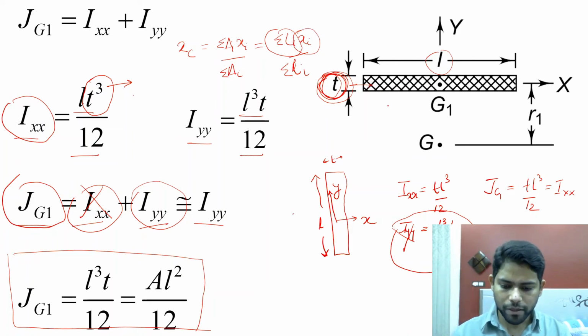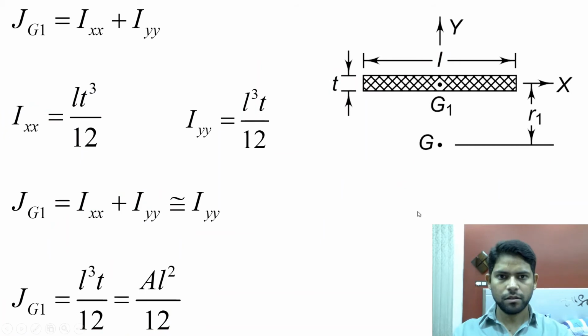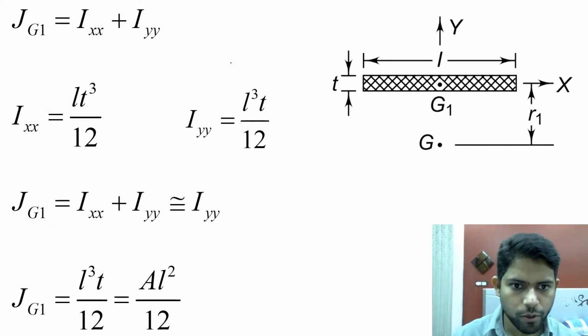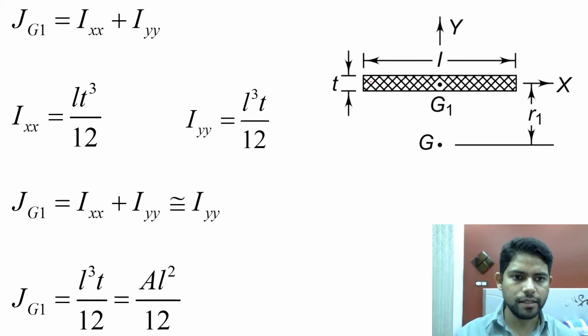Now for example, you have a weld over here like this, where L1 is the length of the first weld and T is the thickness of the first weld.